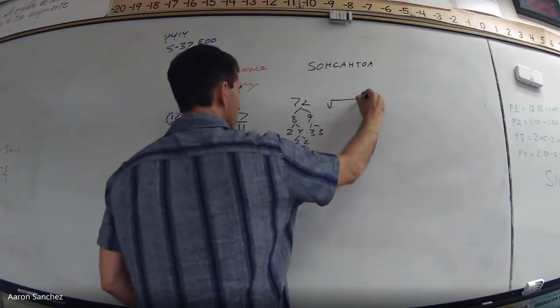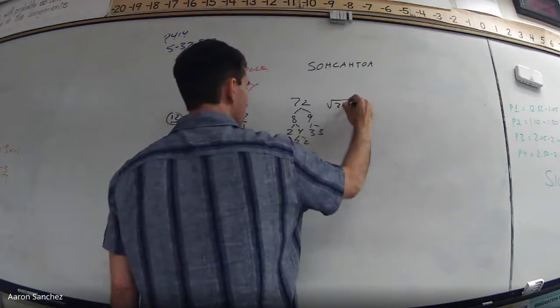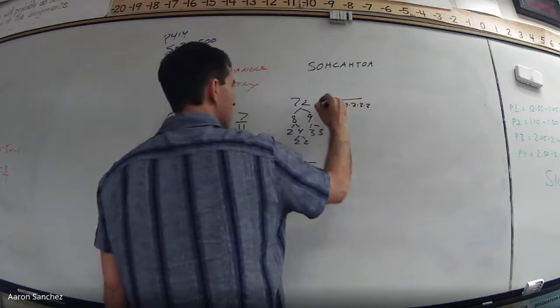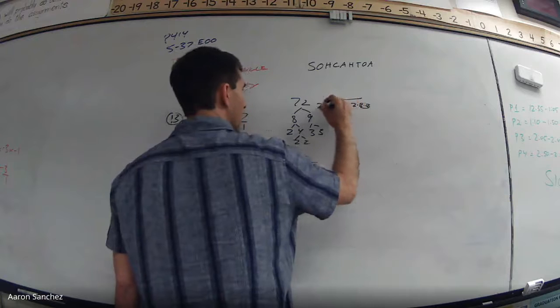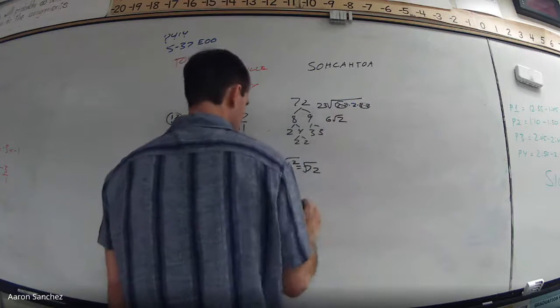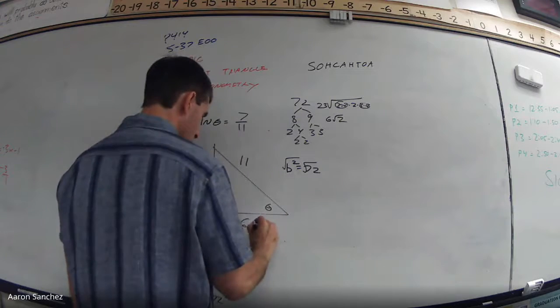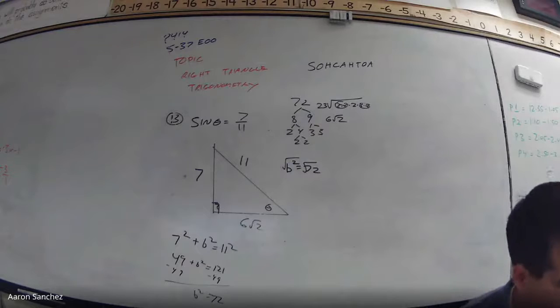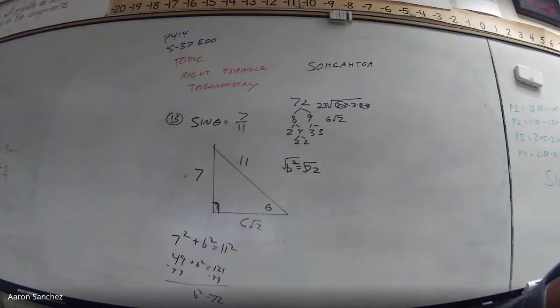So 72 is the square root of 2 times 2 times 2 times 3 times 3, which is 2 times 3, which is 6 root 2. So this side is 6 root 2. I'll give you a second to calculate. I didn't do that slowly because I know you guys can do that. Make sure you get 6 root 2, and then we'll move on.